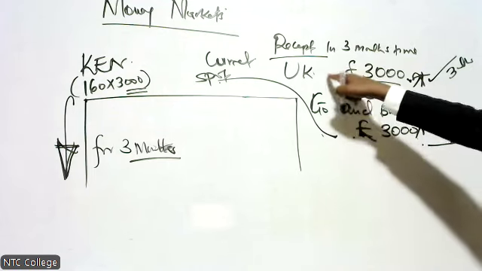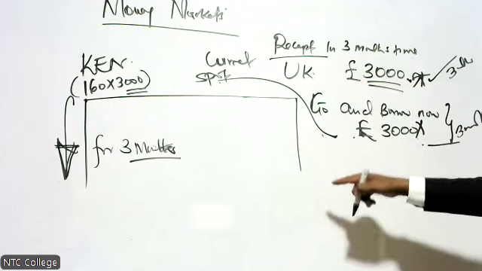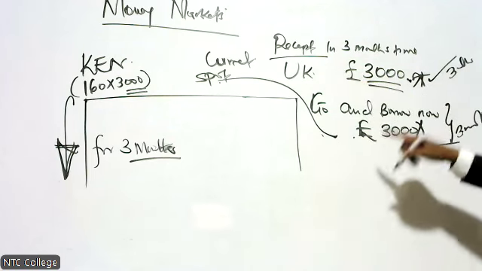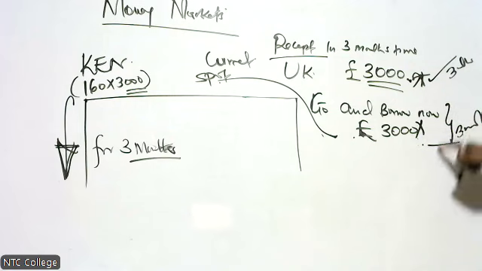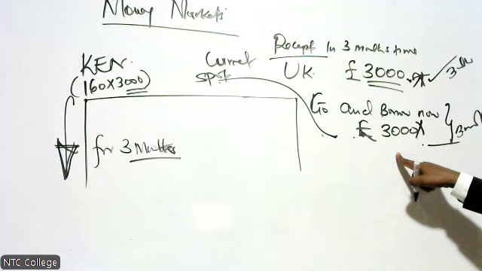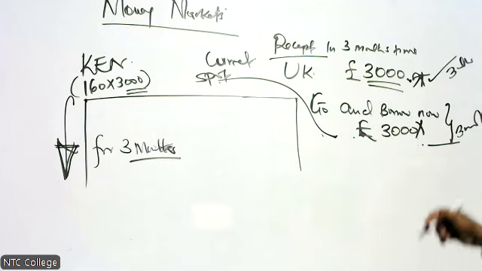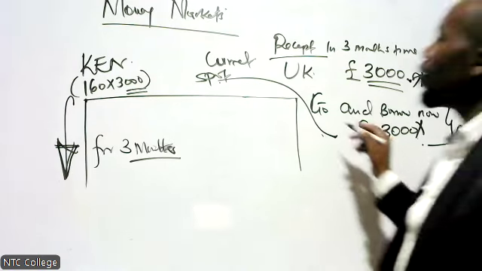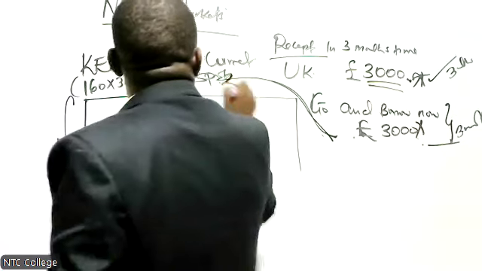If there is a receipt in UK, panda ndege. Ifika UK, borrow amount that is equivalent to the receipt. That is 3,000 pounds. Panda nayo ndege, hiyo cash, saa hiyo, uje nayo Kenya.